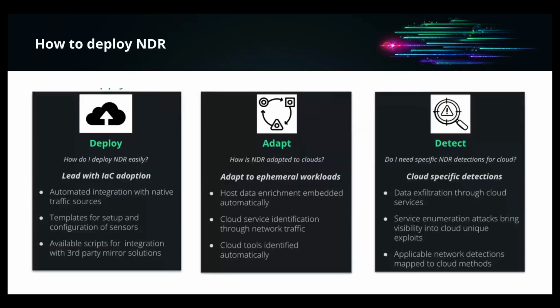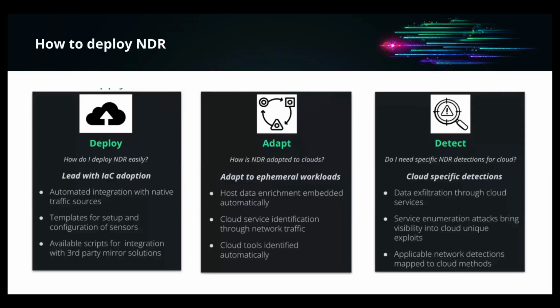So now let's have a look at how to deploy Corelight network detection and response. As we have observed, the cloud offers flexibility compared to traditional and rigid environments. To support this flexibility, Corelight allows for sensor deployment through various methods, including infrastructure as code tools like AWS CloudFormation or Terraform.